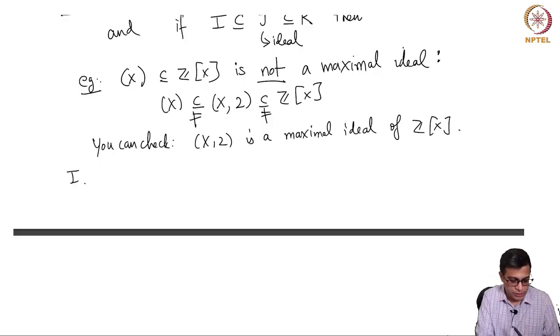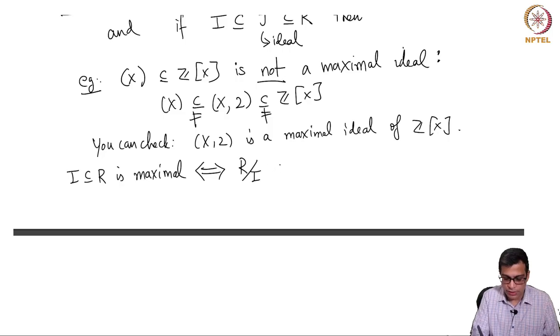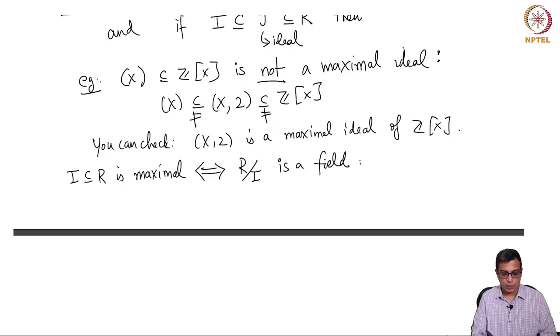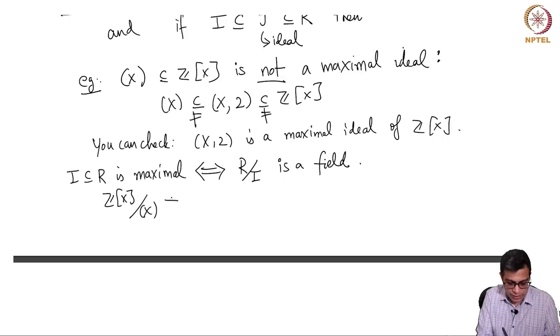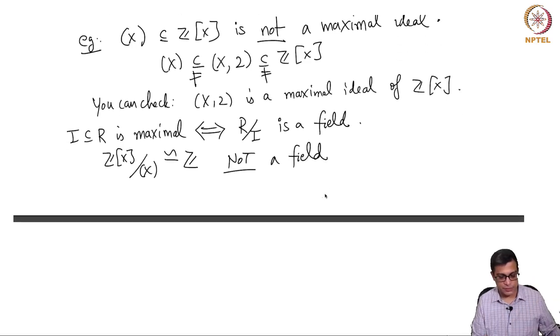So also this is a useful criterion. An ideal is maximal if and only if R mod I is a field. Okay, so you can see that Z[x] modulo (x) is isomorphic to Z, not a field. Alright, which confirms the fact that (x) is not a maximal ideal.